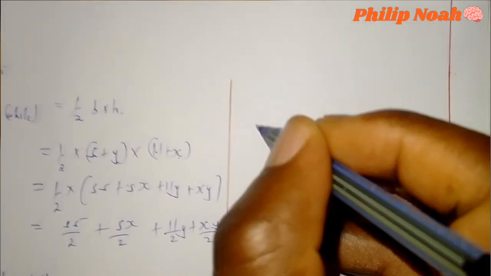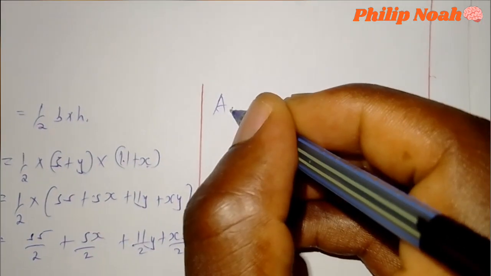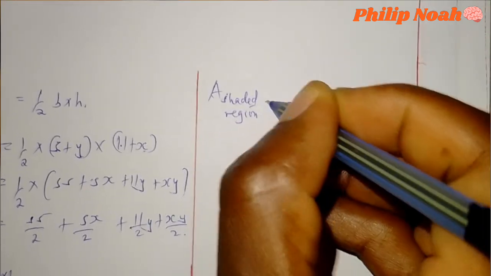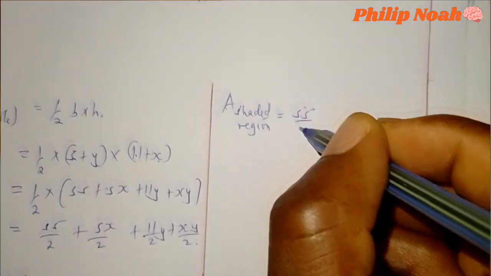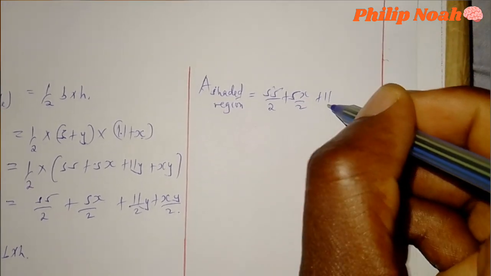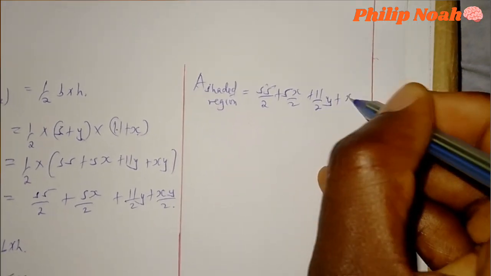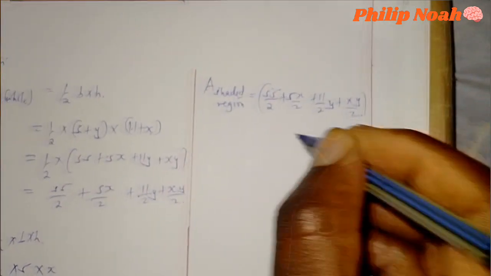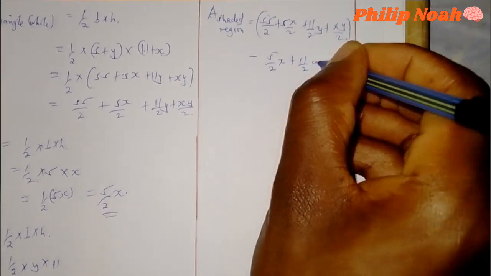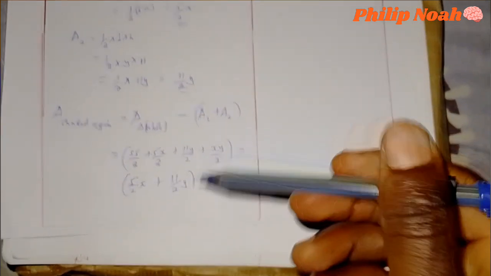And now I can write it here and say that the area of the shaded region is equal to 55 over 2, I just copy, plus 5x over 2, then we have 11 over 2y plus xy over 2. Are we there? Then we are subtracting 5 over 2x plus 11 over 2y. I was just transferring it right there.